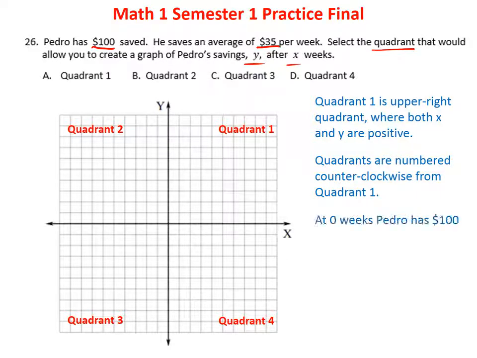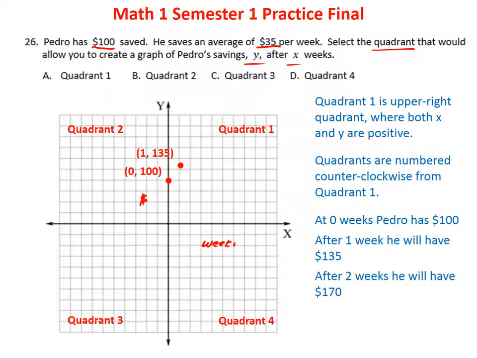When I go to graph it, Pedro starts off with $100. So at 0 weeks, in other words, at 0, this line here represents our weeks. This line here represents our dollars. Starts right there on the line. After 1 week, he's going to add 35. So notice at 1 and then 135.